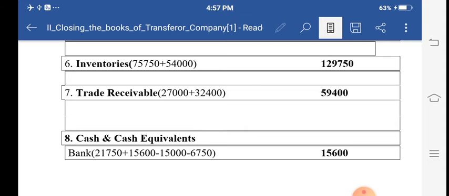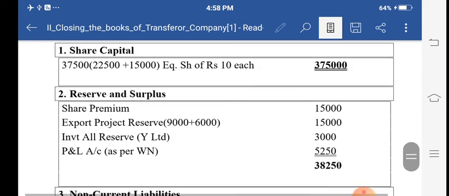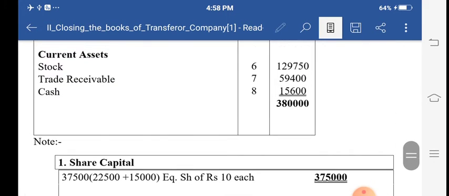This 15,000 is the share premium, so you have to subtract it. Then minus 6,750, which is given in the problem as the note on realization expenses. So we have to subtract this 15,000 plus 6,750 from the total balance. The remaining amount will be 15,600. This is related to the cash at bank, so take 15,600 in the cash at bank.